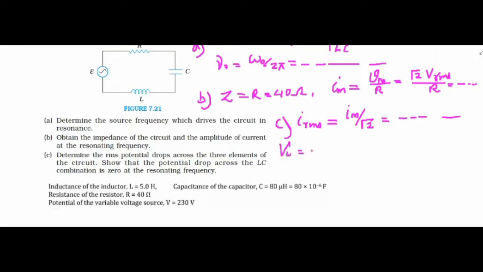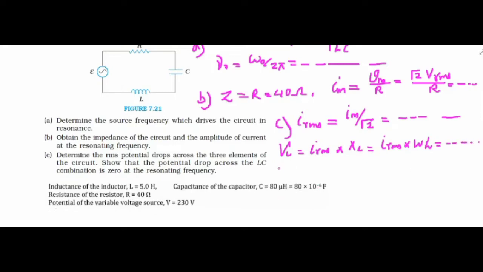VL is equal to IRMS into XL, while XL is equal to omega L. Omega is calculated in part A. So you will get IRMS into omega L, and the value you can find.